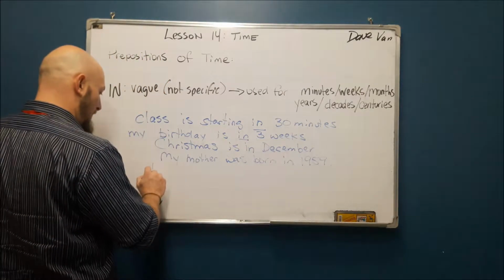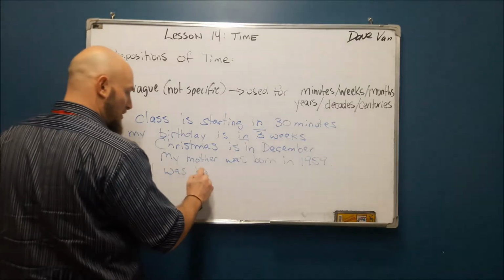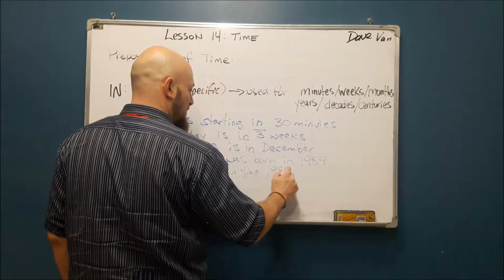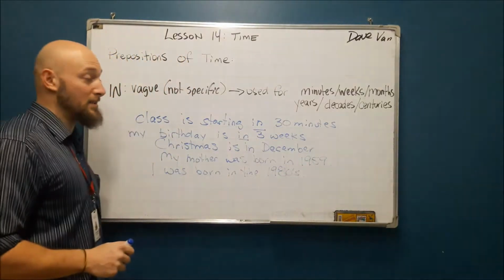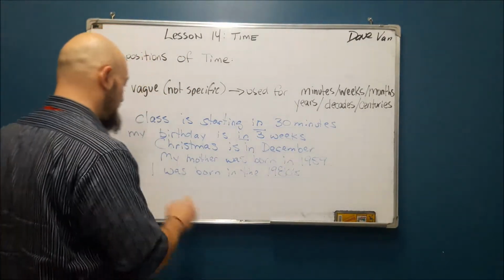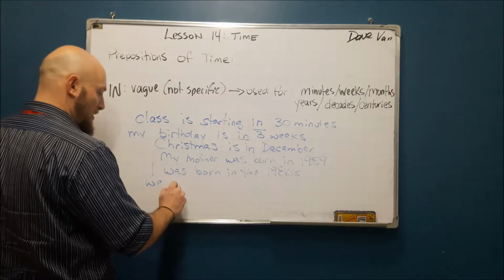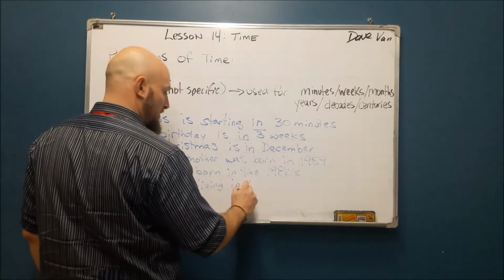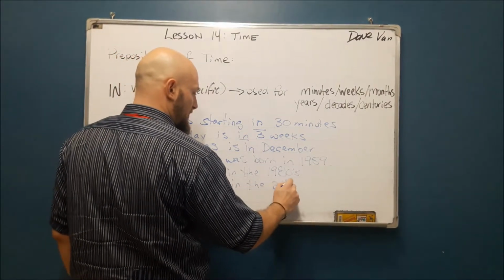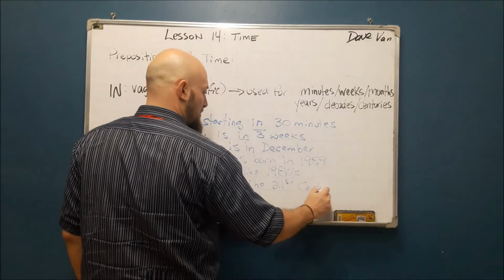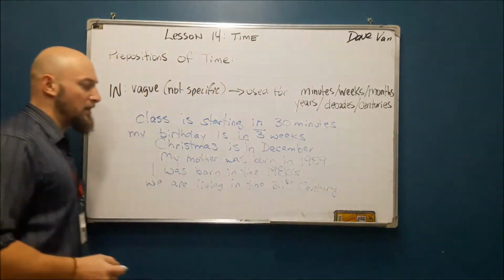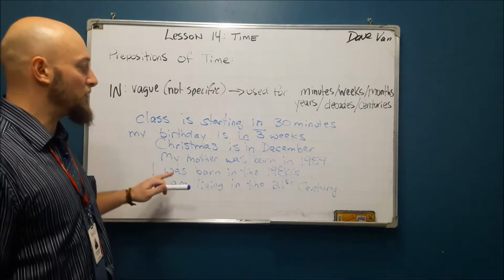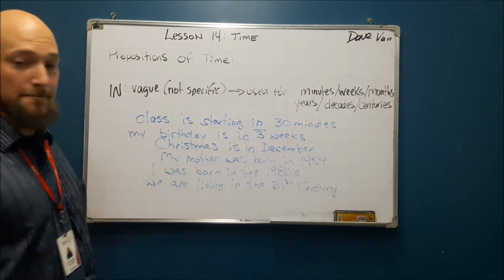Decades. I was born in the 1980s. Centuries. We are living in the 21st century. We are living in the 21st century. Okay? These are all examples for the preposition in.